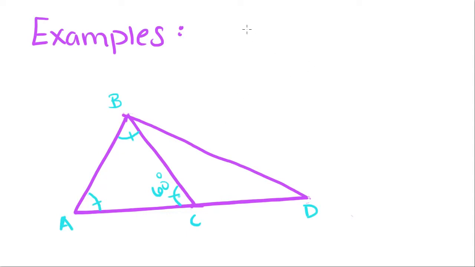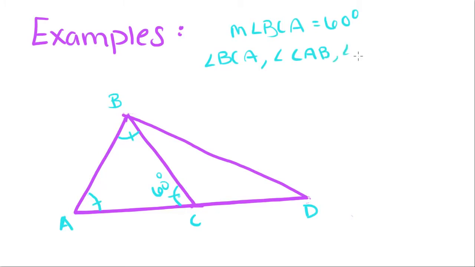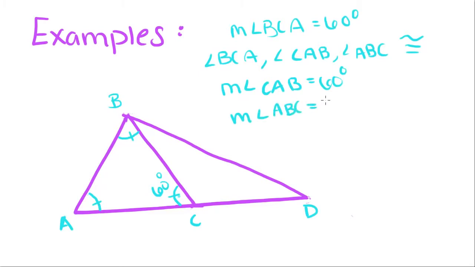So since the measure of angle BCA is equal to 60 degrees, and angle BCA, angle CAB, and angle ABC are all congruent, we know that the measure of angle CAB is also 60 degrees, and the measure of angle ABC is 60 degrees as well.